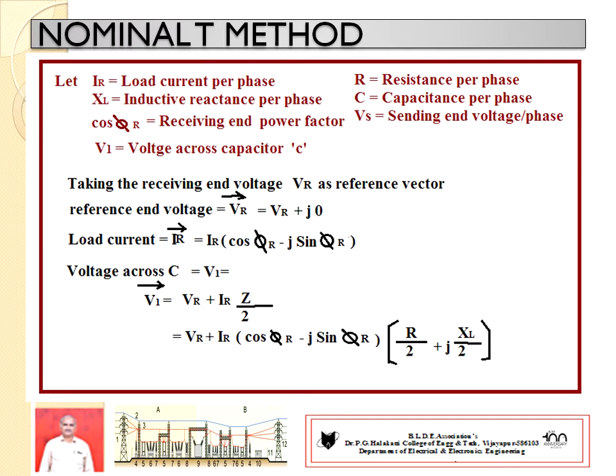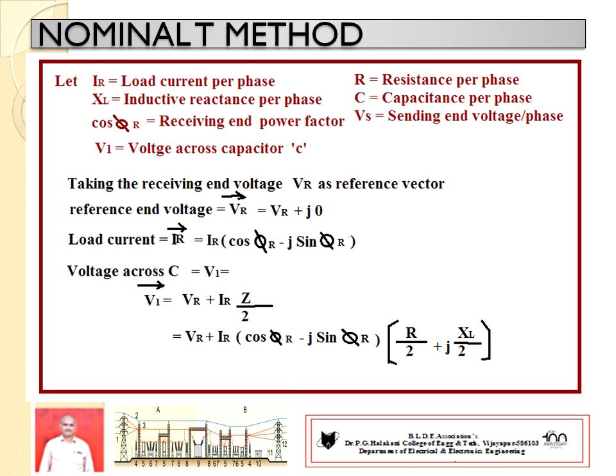Taking the receiving end voltage Vr as the reference vector, we will see in the next slide. As in the earlier method, Vr is the reference vector as usual. So the receiving end voltage becomes Vr plus j0. The load current IR equals IR into cos phi r minus j sin phi r.